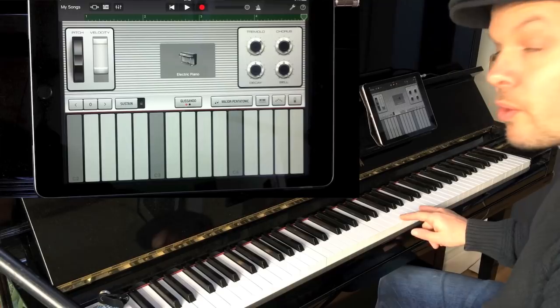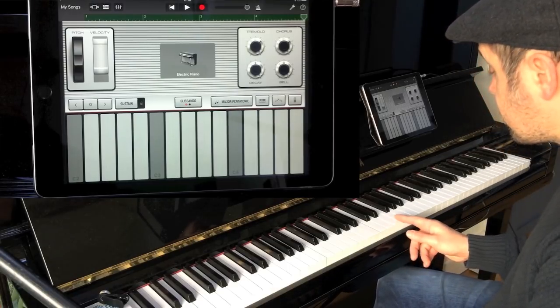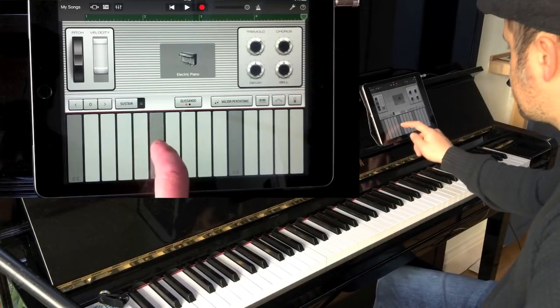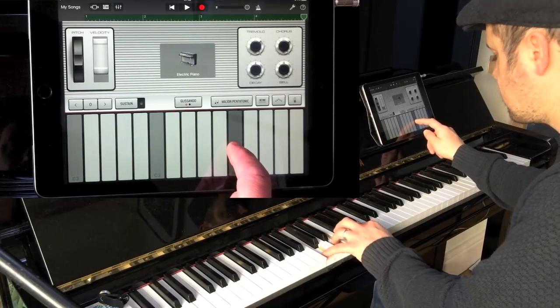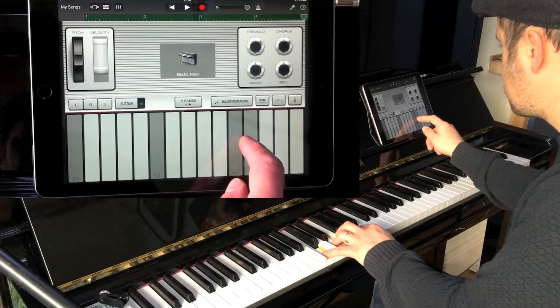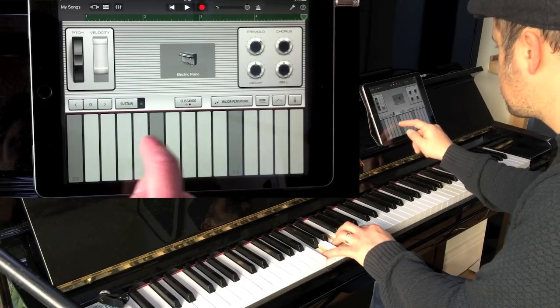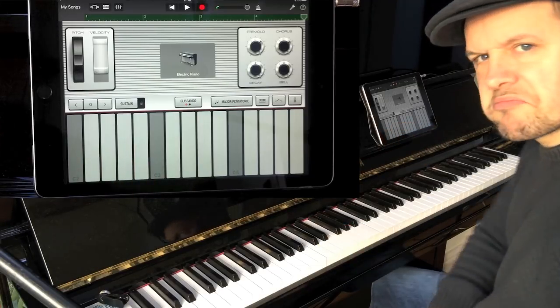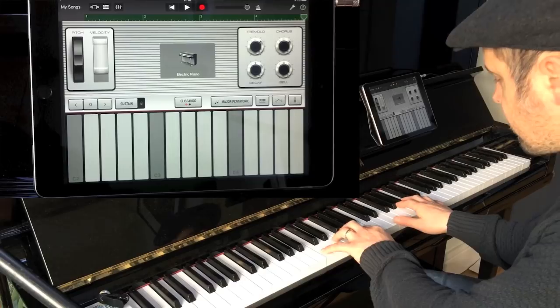So it gets rid of the 4th and the 7th, so it's just 1, 2, 3, 5, 6, and then the 8th note at the top. Get all sorts of things.